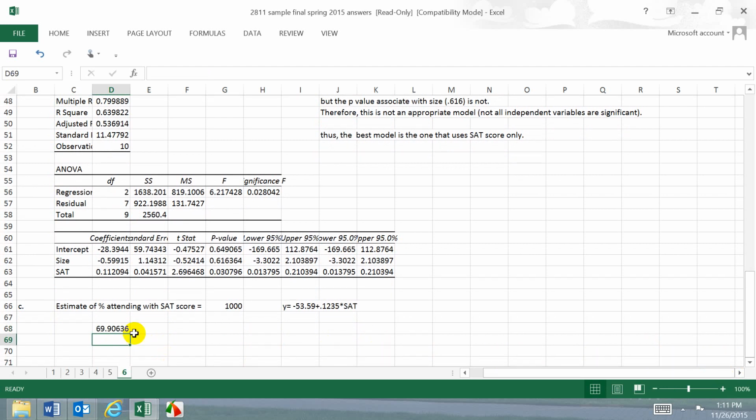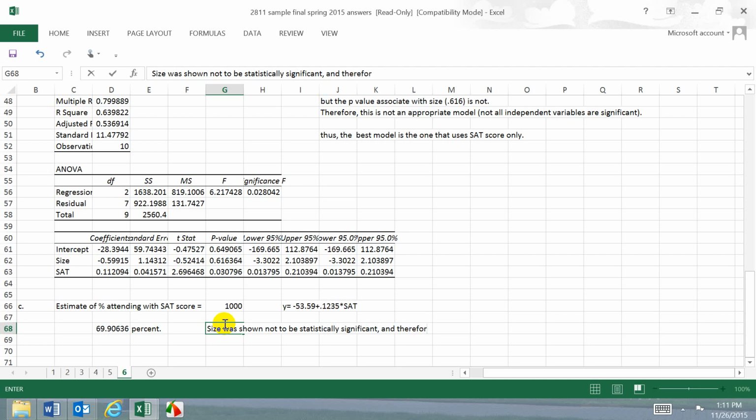Now what's important to recognize is that size was shown not to be statistically significant, and therefore does not appear in the calculation.